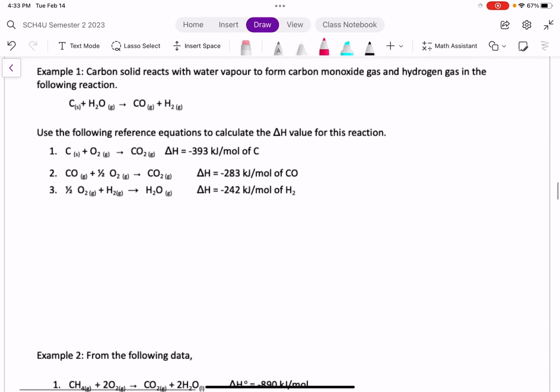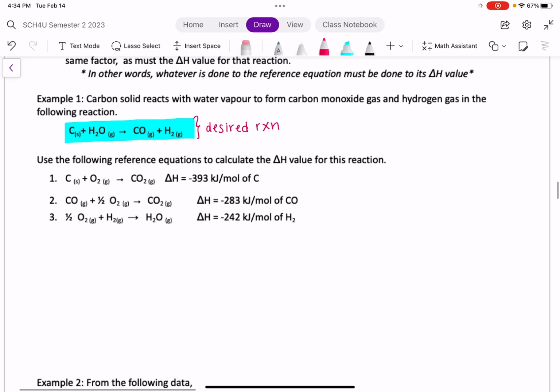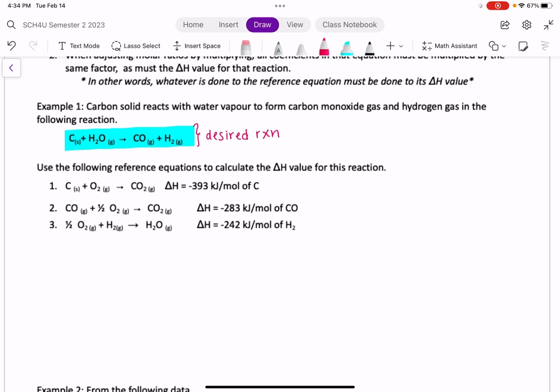The first one says carbon solid reacts with water vapor to form carbon monoxide gas and hydrogen gas in the following reaction. So this here is my desired reaction. It says use the following reference equations to calculate the enthalpy change value or the delta H value for this reaction. I'm given 3 different reactions as well as their delta H's.